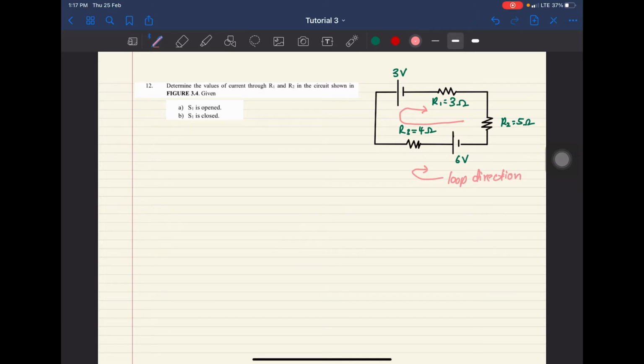How about my current direction? Normally I would try to follow the loop direction as well if it is possible, and in this case it is possible. So this would be my current direction. Direction of I and direction of loop.